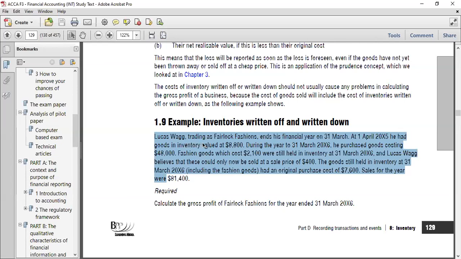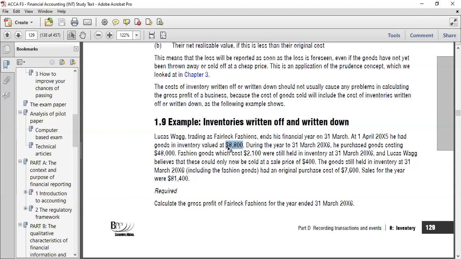They're saying Lucas Wager is trading as Fairlock Fashions. He ends his financial year on 31st March. So they are saying on 1st April 2015, I'll use 2015, he had goods of inventory valued at this value. So this is the beginning, your opening inventory.